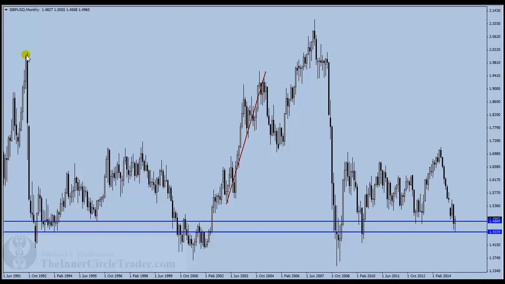See that move here? There's this idea that supply and demand is what I teach, and it's not what I teach. I teach institutional order flow. I teach how the banks view charts, how they look at areas of previous fair value and price disparity, and where they look to do their buying and selling. That is what's important, not how supply and demand traders look at price.